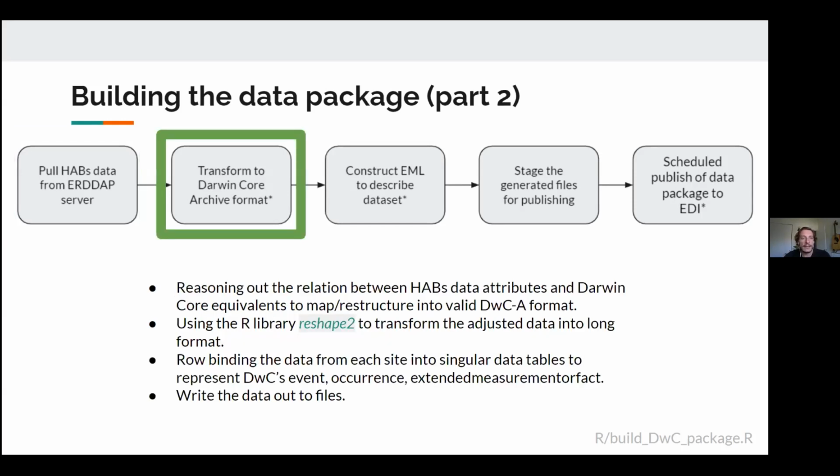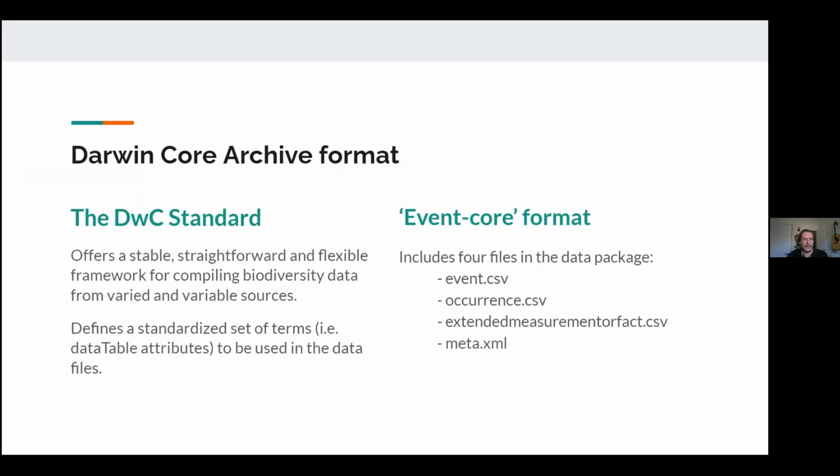The second part is actually building the data package that we can submit to EDI or GBIF. For GBIF specifically, one of the prerequisites is transforming the data into Darwin Core Archive format. So if anyone is not familiar, just a quick brief on the Darwin Core standard.